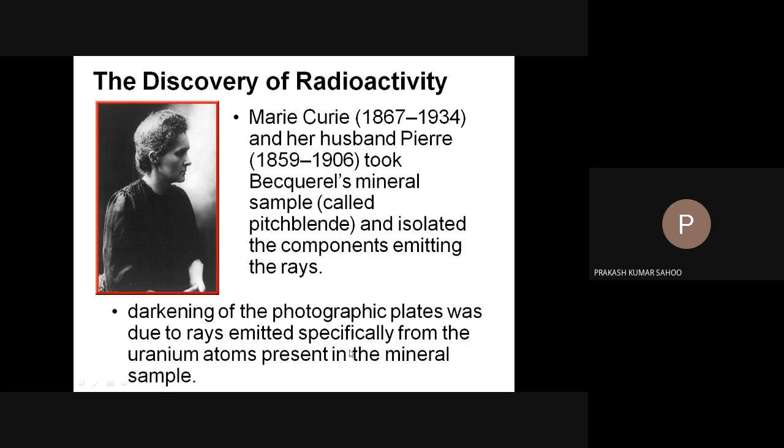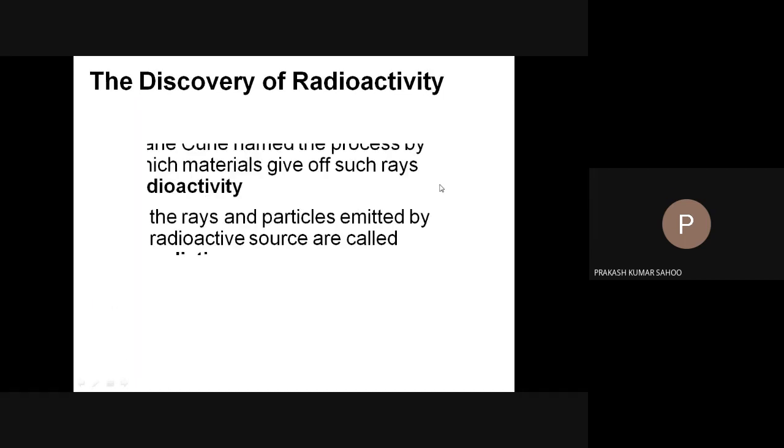The darkening of the photographic plate was due to rays emitted specifically by the uranium atom present in the mineral samples. Madame Curie named the process by which materials give off such rays radioactivity. The rays and particles emitted by a radioactive source are called radiation.